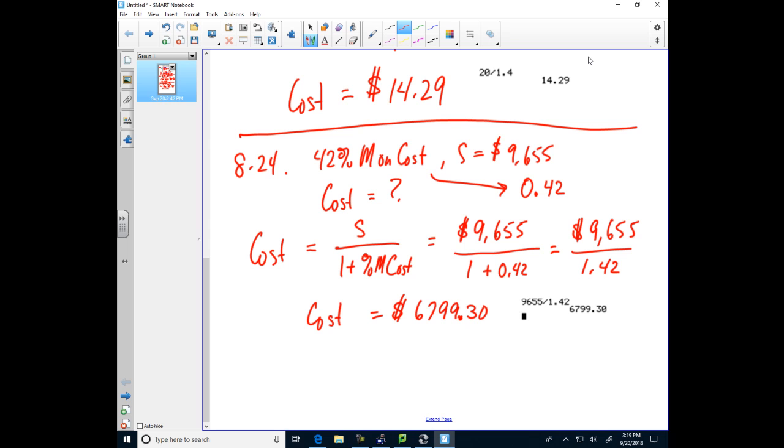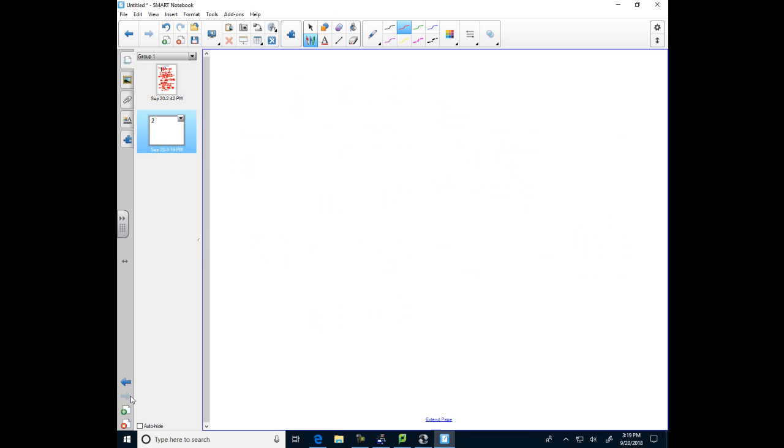So let's see here. Let's get a new page and talk about this idea of markup based on selling price. Now, notice here I'm on the next page, 227, still in the left-hand column. And about a quarter of the way down, notice it says calculating selling price. Well, actually, at the top of the page it says markups based on selling price.